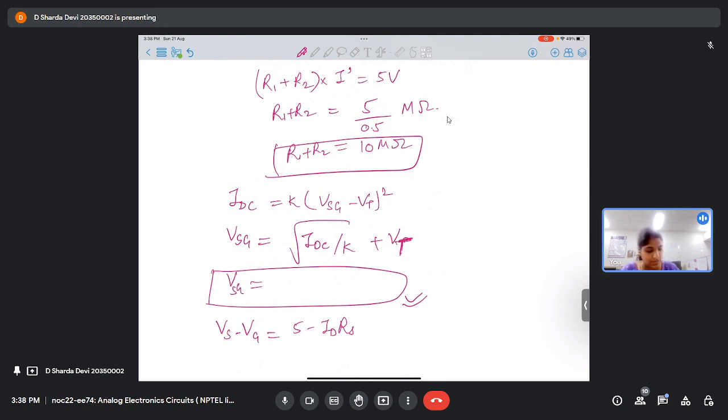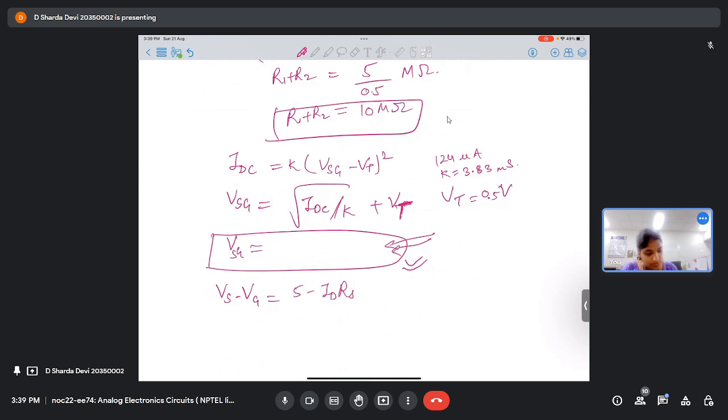You can calculate simply ना. यहाँ पे VT is 0.5 volts. IDC you substitute. IDC 124 microamperes, right? K is also given. K is 3.83 millisiemens. So after substituting these values, you'll get VSD.